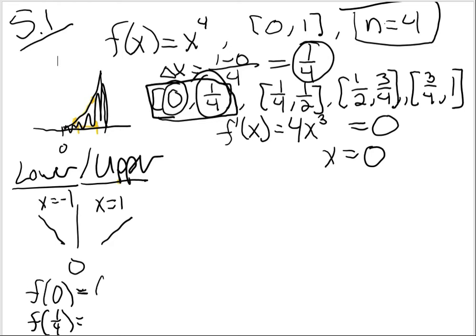Now, f of 0 is 0. f of 1/4, well, that's 1/4 to the 4th, which you can do in your calculator, is 1/256. So in this case, f of 0 is our absolute min, and f of 1/4 is our absolute max, which makes sense because on that interval you're increasing.